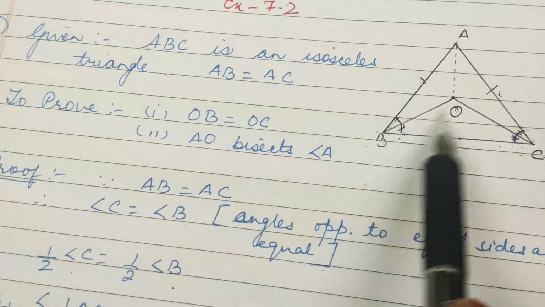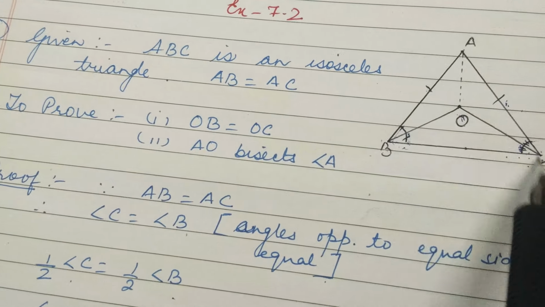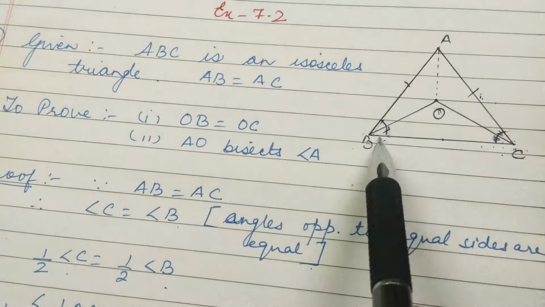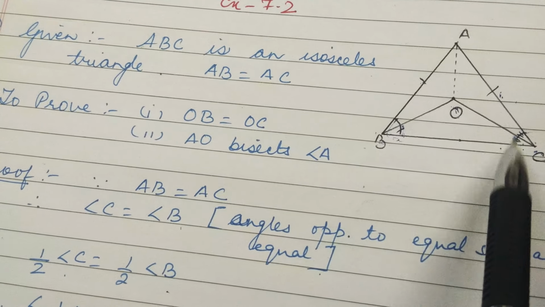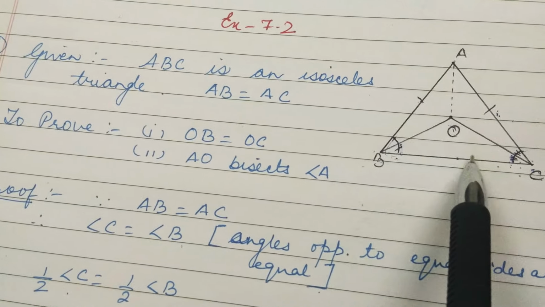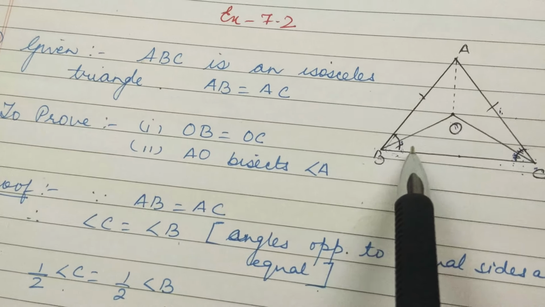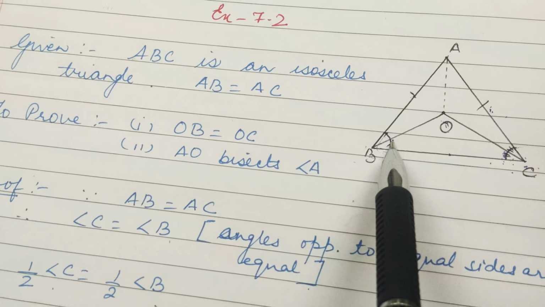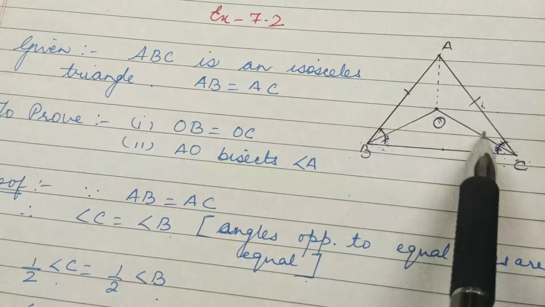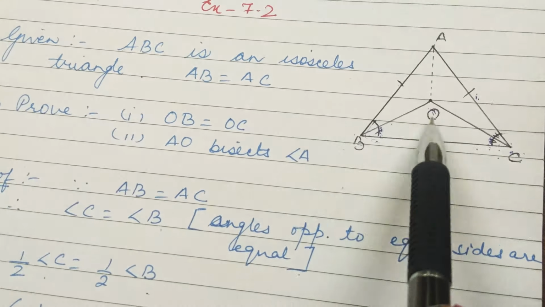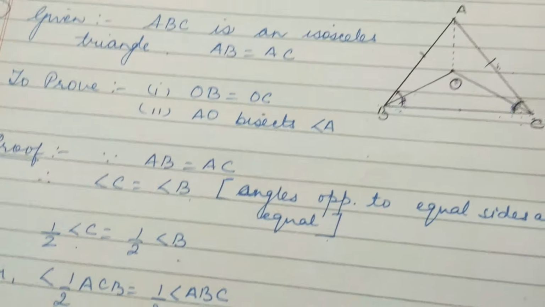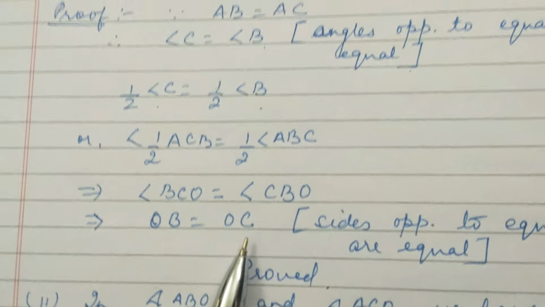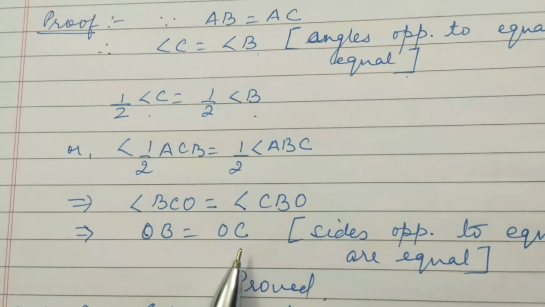Now in triangle OBC, if angle BCO is equal to angle CBO, then the sides opposite to equal angles will be equal. It is an isosceles triangle. Therefore OB equals OC. So the first part is proved.